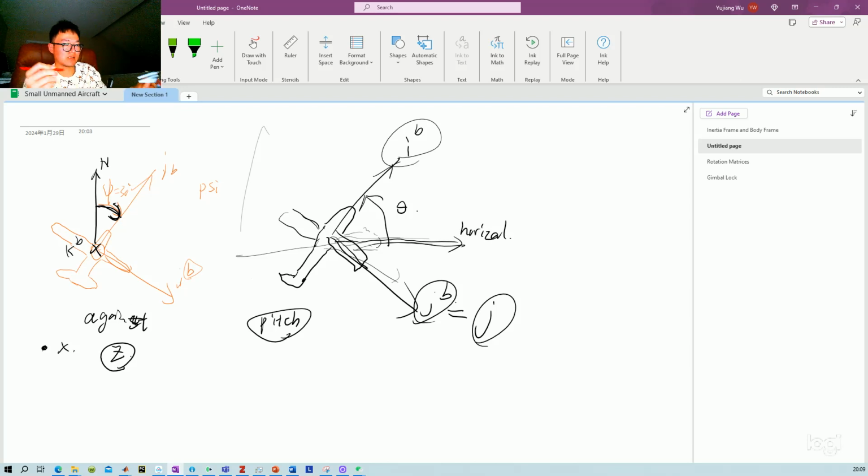That's why we define a right-handed rotation against the y here, and y is perpendicular to that plane. That's why pitch is a right-handed rotation against the y.